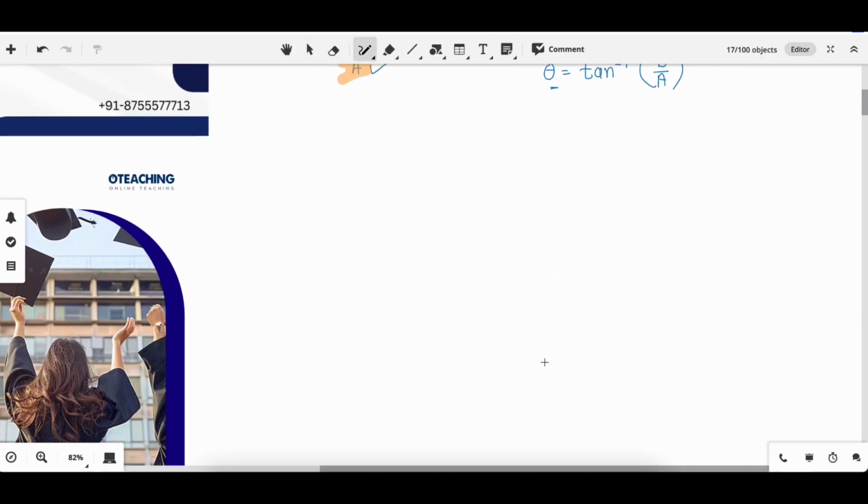Okay, let's just have an example here. Suppose you moved 2 meters east and then 5 meters north. Then what is the final displacement?